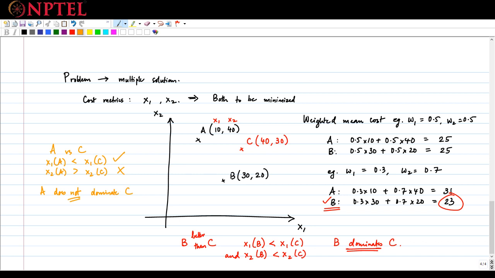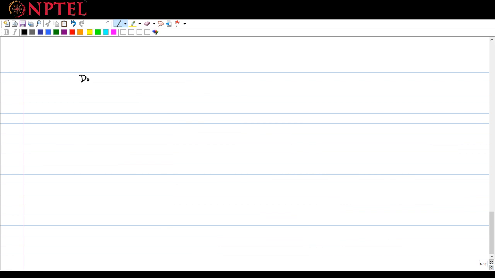Okay. So if I wanted to convert this into some kind of formal statement, I can express this purely in terms of this terminology that I have over here, dominance relationships, right? B dominates C. A and B are what we call Pareto equivalent.